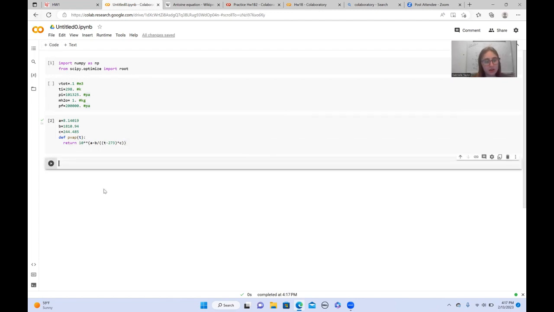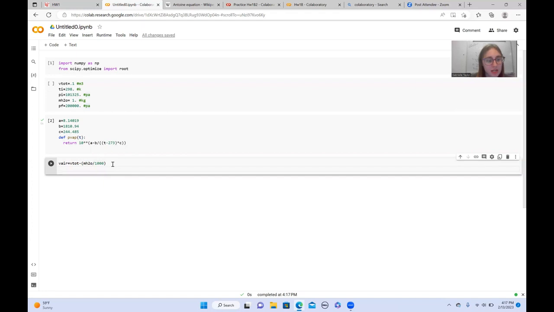Now let's get to another piece of code. On this one, I'm going to put in the V totals. So I want to calculate V air, which is V total minus the mass of H2O divided by 1,000 because we want to convert that into meters cubed.